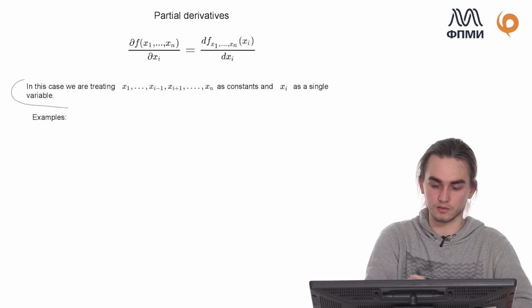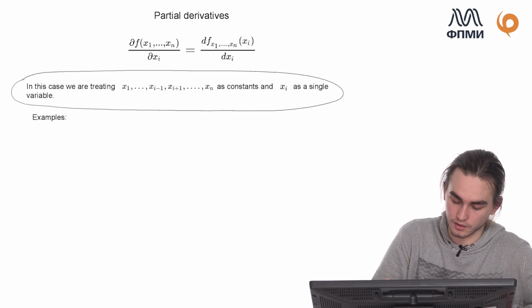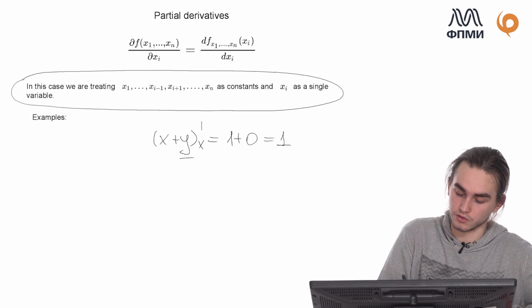That's written here. As an example, x plus y prime x will be 1 plus 0. So it will be 1 because y is treated as a constant.